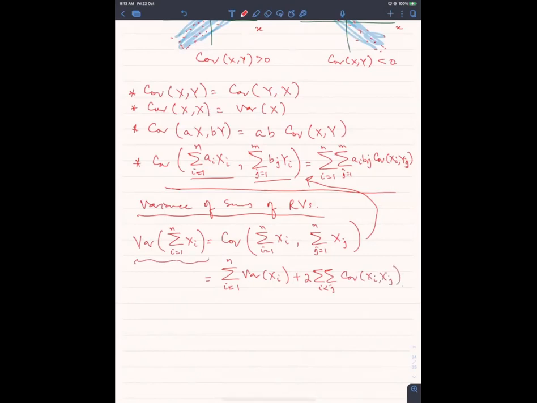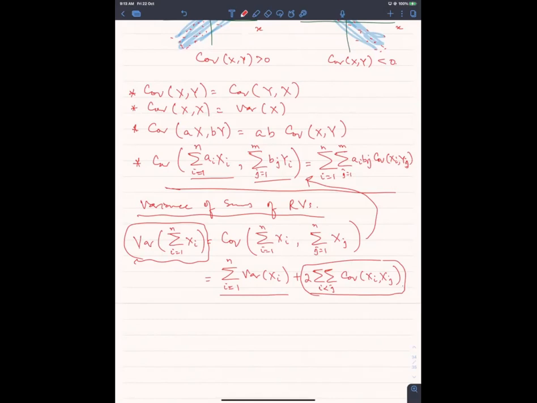So variance of the summation of x_i would be the summation of the variances plus these covariance terms.